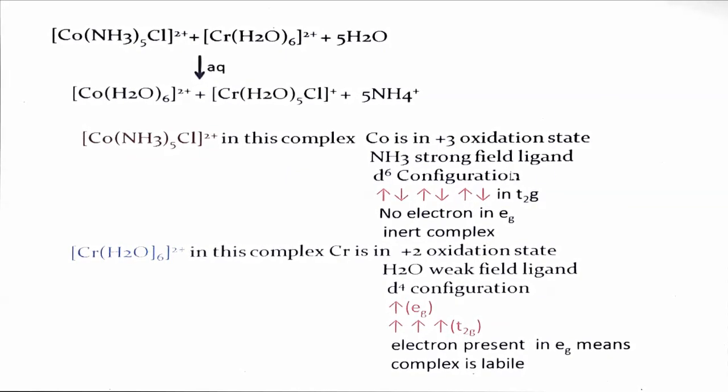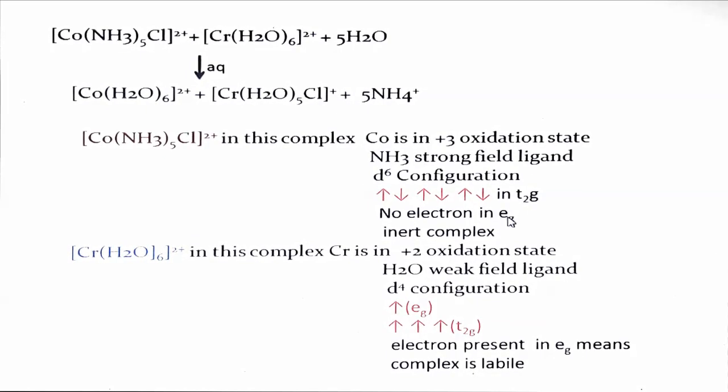NH3 is a strong field ligand. Since cobalt is in the +3 oxidation state, the configuration will be d6. Due to this d6 configuration, all 6 electrons will enter into the t2g orbitals because of the presence of the NH3 strong field ligand.